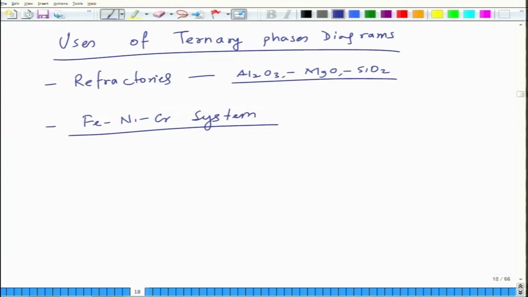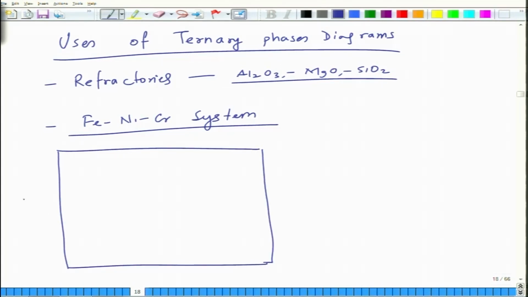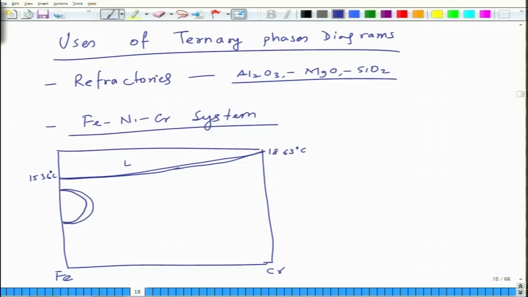So for example, if we draw the Fe-Cr binary phase diagram, it has a shape something like this. It's a very thin line. This is about 1863 degrees centigrade, this is 1536 degrees centigrade. So you have a liquid region, and then somewhere in between you have a very narrow gamma region.